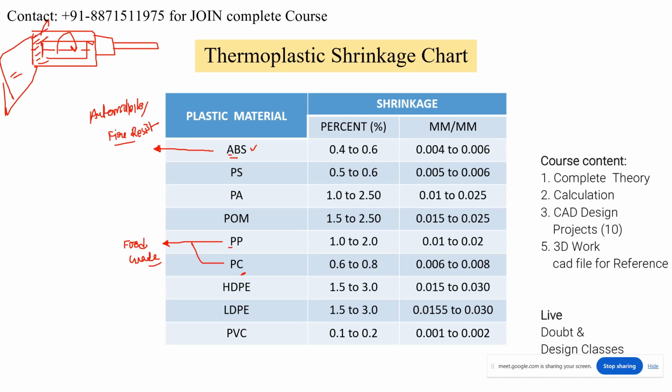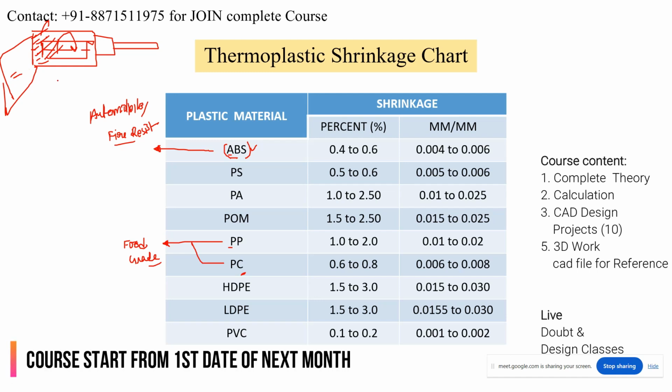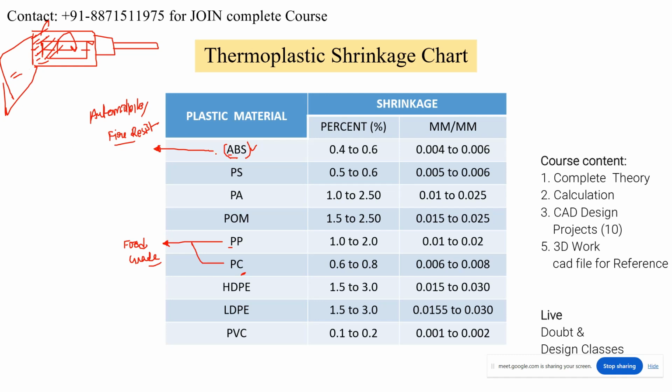So that's why the outer case is made of ABS material. Where we need heat resistance material, there we use ABS type of material. But this is not a food grade material, so we cannot use it for making toys, bottles, tiffin type components or household products.